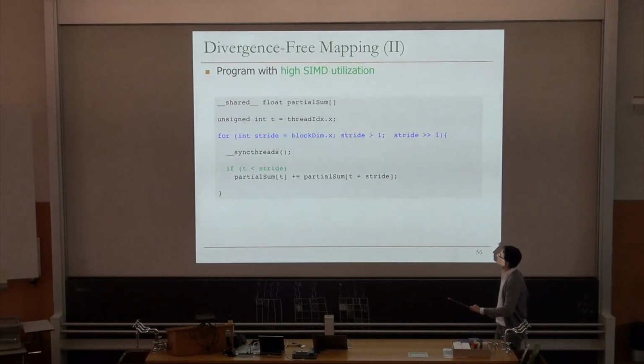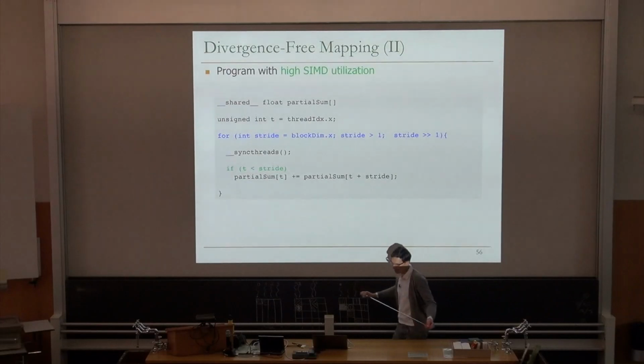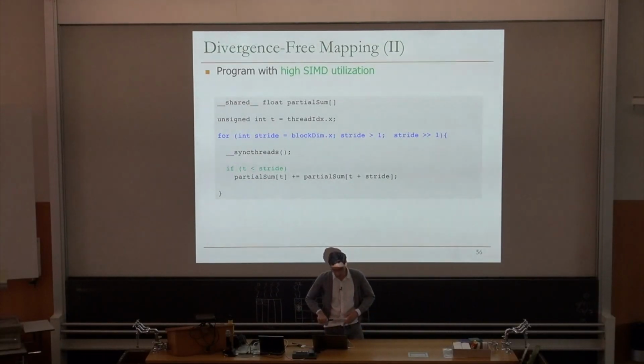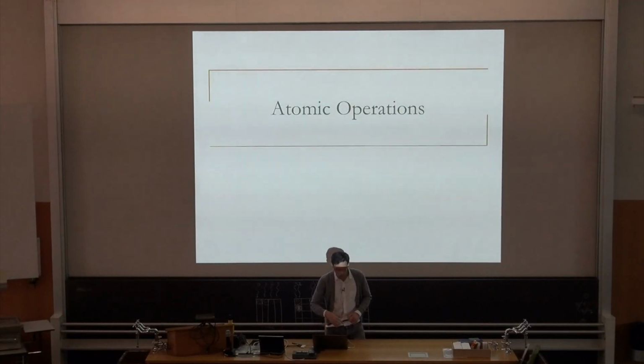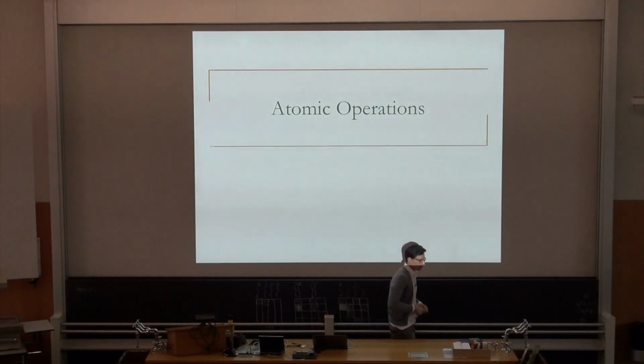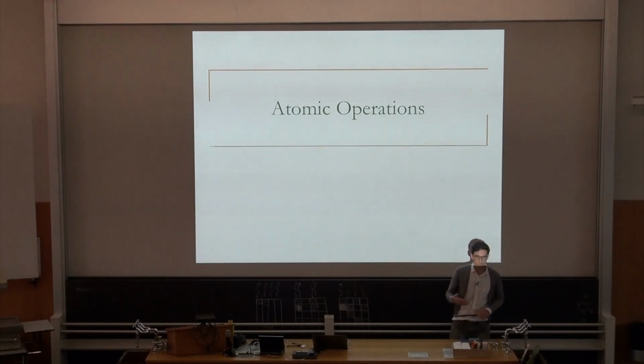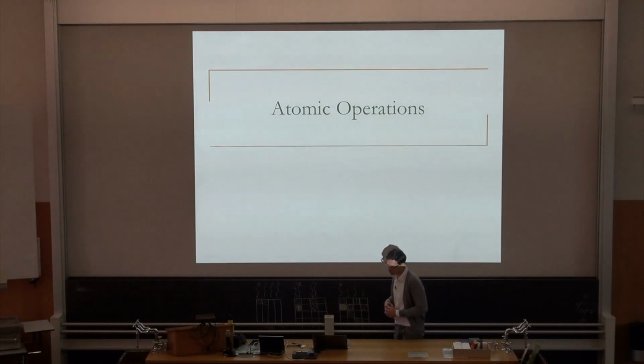It's maybe a little bit more difficult to reason about, but in the end it's not that difficult at all, and we will get a lot of performance improvement from that. Okay, so this is one example of how to deal with branch divergence, how to deal with intra-warp divergence.